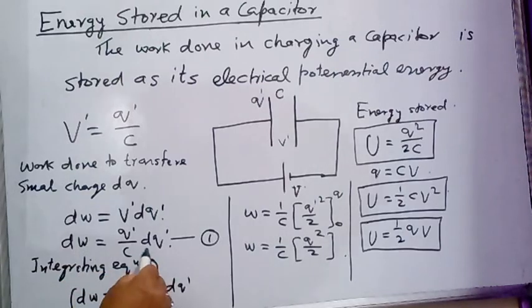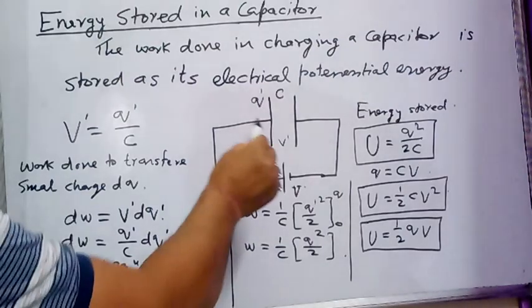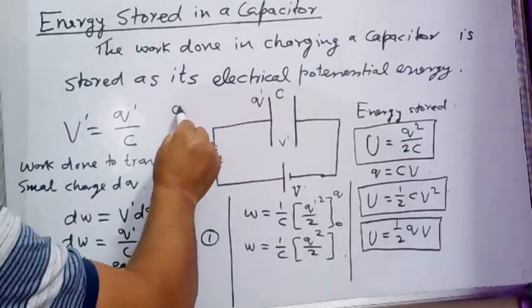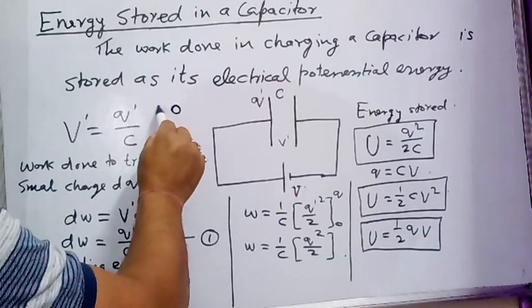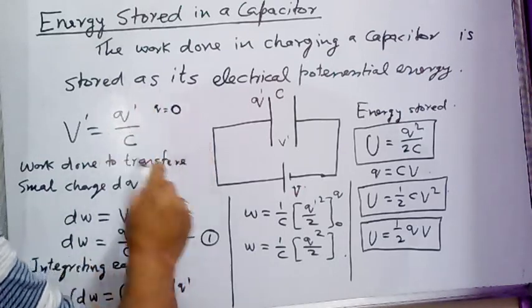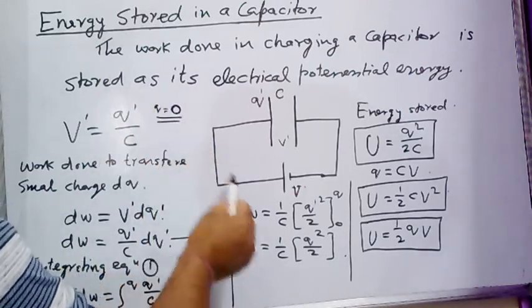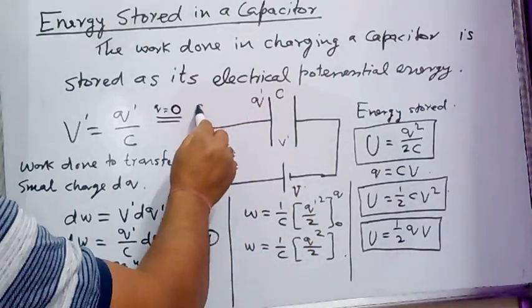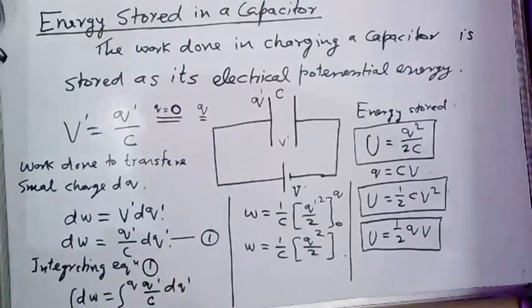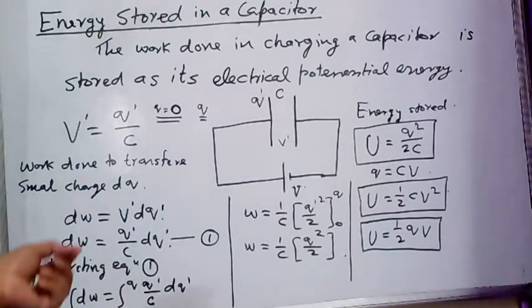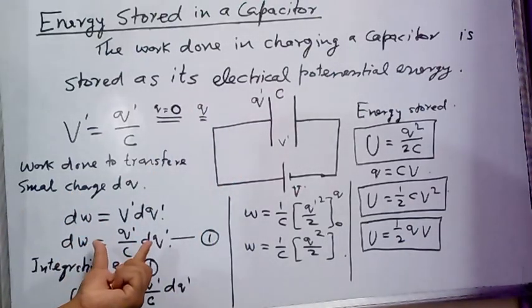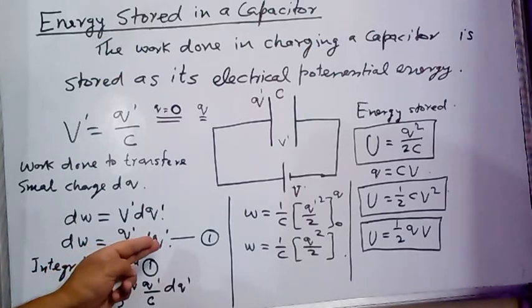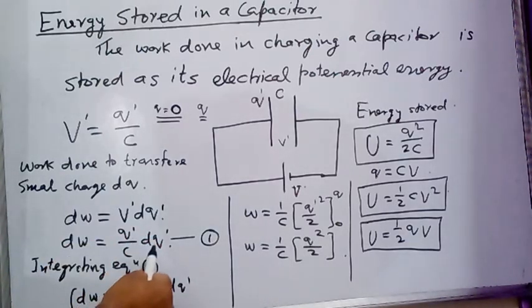Now to generalize this condition, suppose initially there is no charge on the plate of the capacitor, means value of charge q equals 0, and when this capacitor is charged fully, the amount of charge becomes Q. So if we integrate equation number 1, you can see at the right hand side of the equation variable is charge q.